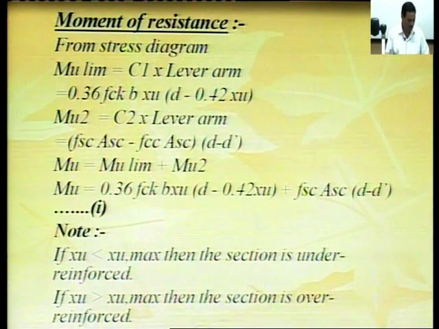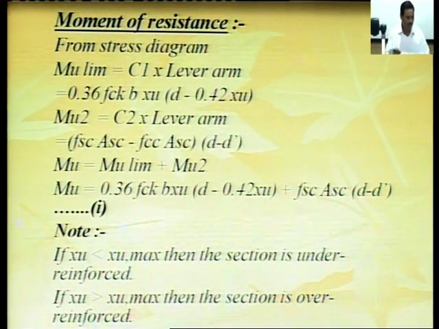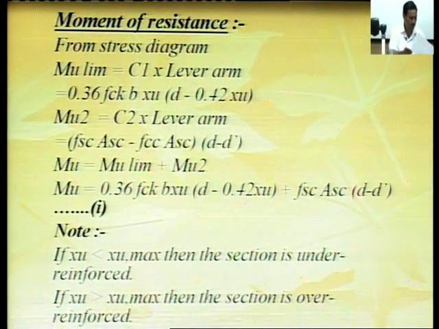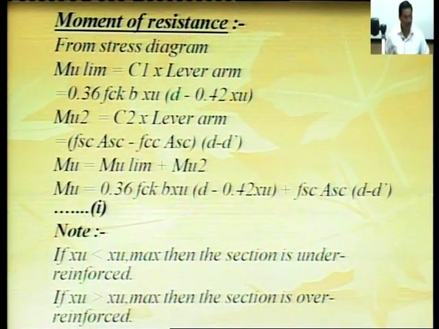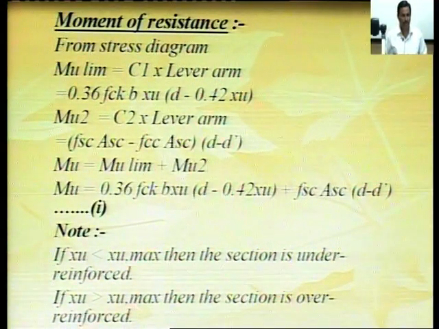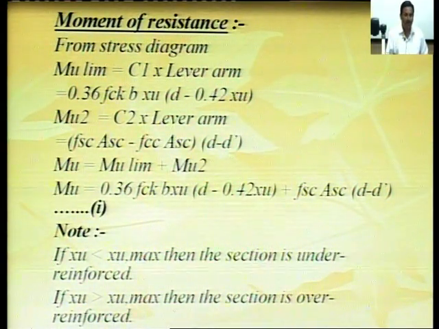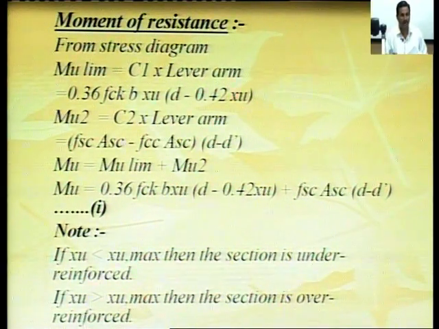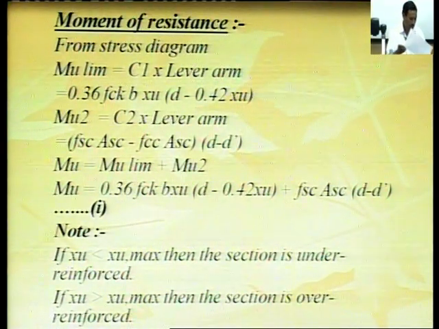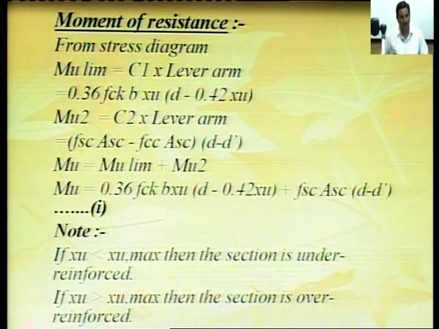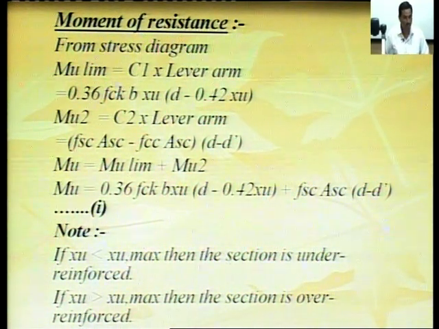The section in which tensile steel reaches its yield strain earlier than the concrete reaches the failure strain, that is EC equal to 0.0035, is called an under reinforced section. So, in this section the depth of neutral axis is less than the maximum depth of neutral axis, and the percentage of steel is less than the limiting value of percentage of steel.